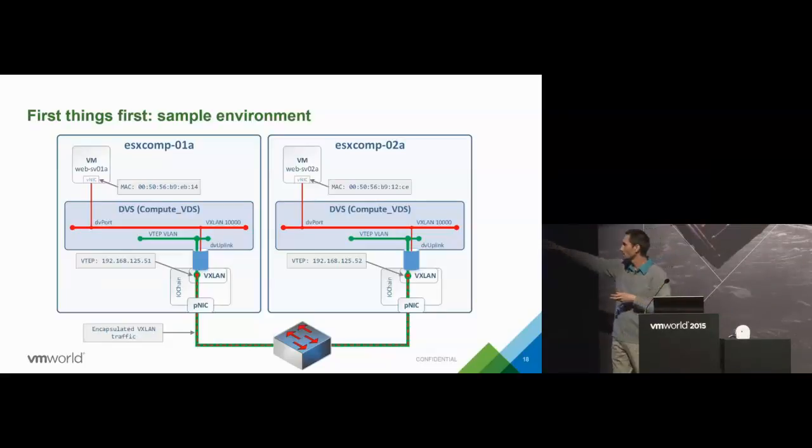But it is totally valid for them to be in different IP subnets, with a router between them. The main point is that the VTAP IP addresses must be able to reach each other, whether they are on the same VLAN, different VLANs, whatever. And the VTAP is shown here encapsulating the red traffic coming from the DV port group and carrying it inside the VXLAN frames to the other side.